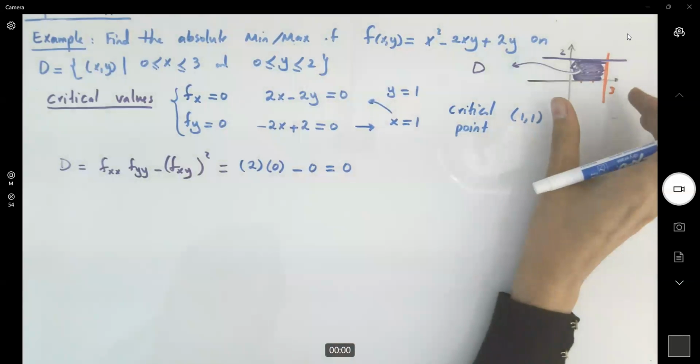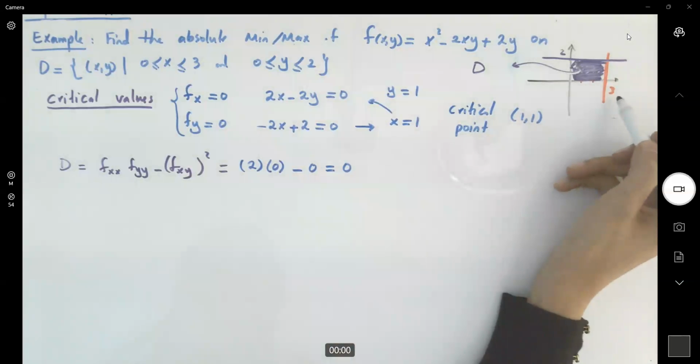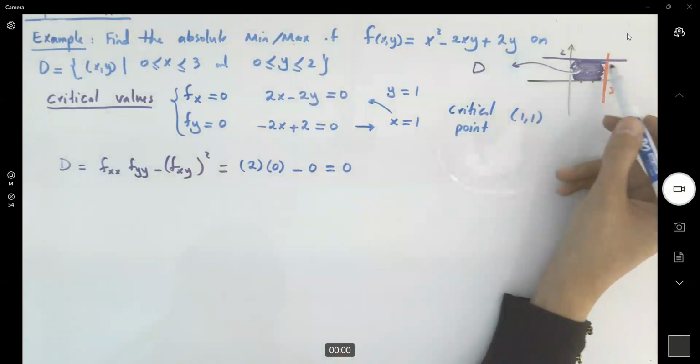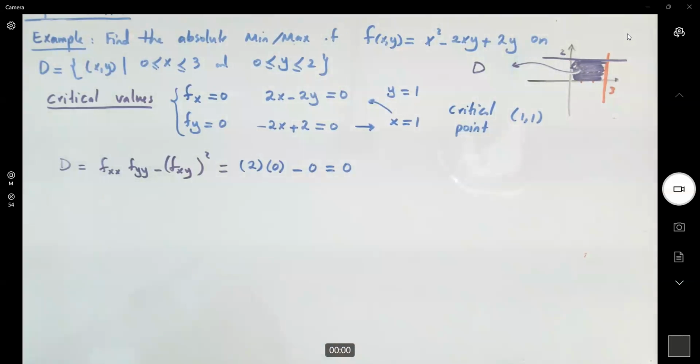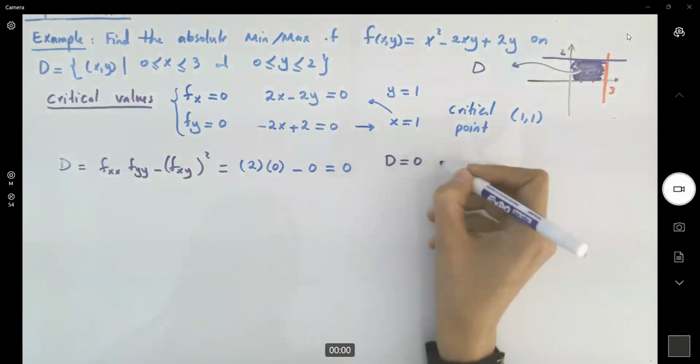But in that case, our domain is restricted to this box. This is x equal to 3, y equals to 2. So I need to work with the boundary points. So let's see. D is 0.